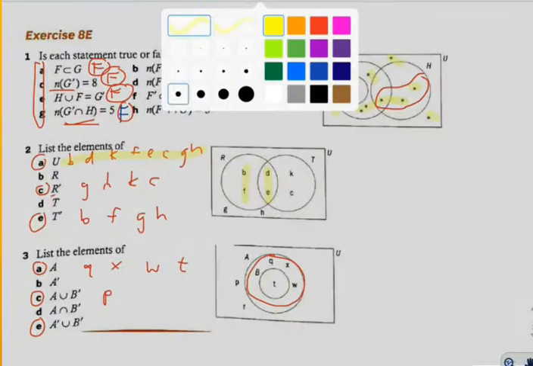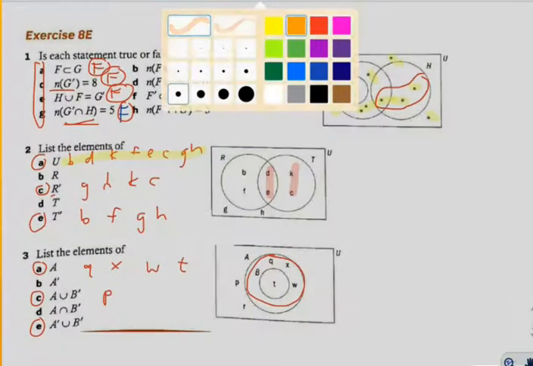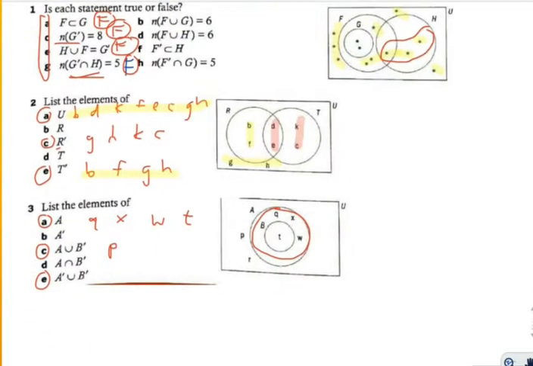So what is not in R would be these four. So I would list G, H, K, C. T complement. Okay, T complement. So what is inside T? T is these four. So what is not in T, the T complement? B, F and G, H. Okay, so I listed those.